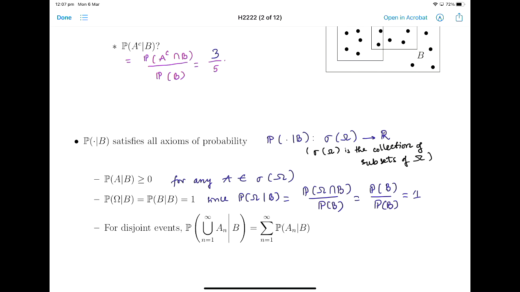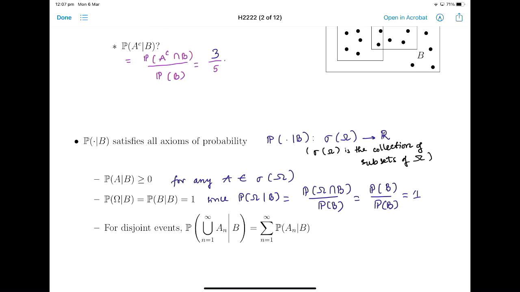So if the event B has probability greater than 0, then you can look at the probability given B, with B fixed, as a function, where you can put any subset of omega. This function maps from sigma of omega into R.